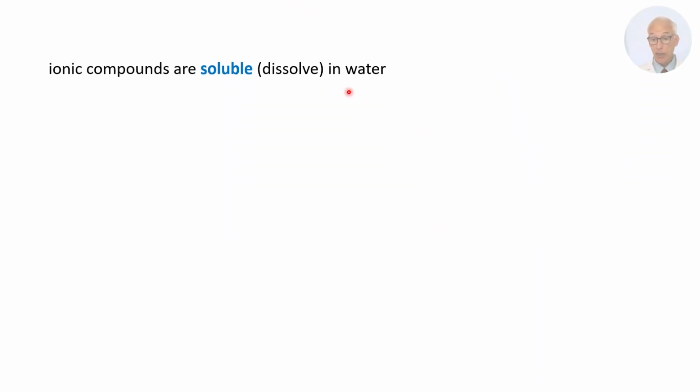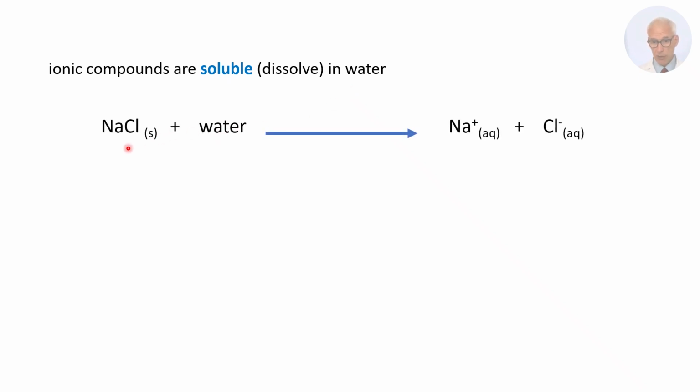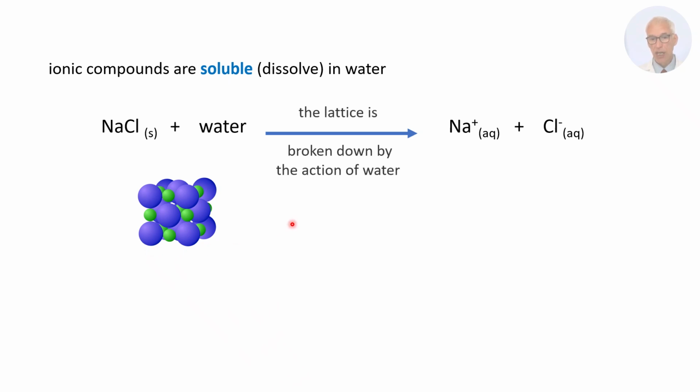Ionic compounds are soluble in water, that is, they dissolve. So we might write that as an equation as solid sodium chloride and water going to form what we will call free aqueous ions. So here is the solid with the giant ionic lattice, sodium and chloride ions held rigidly in place.